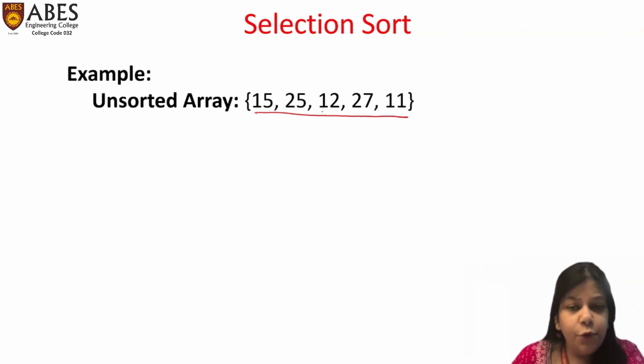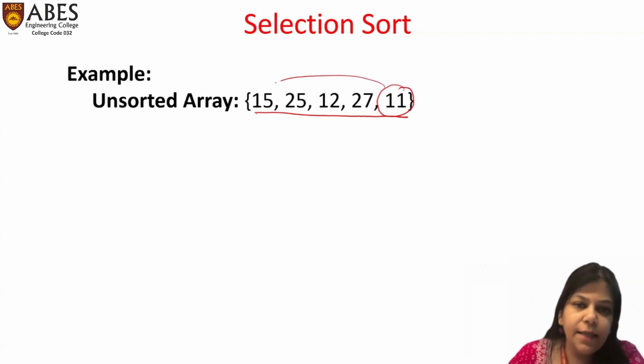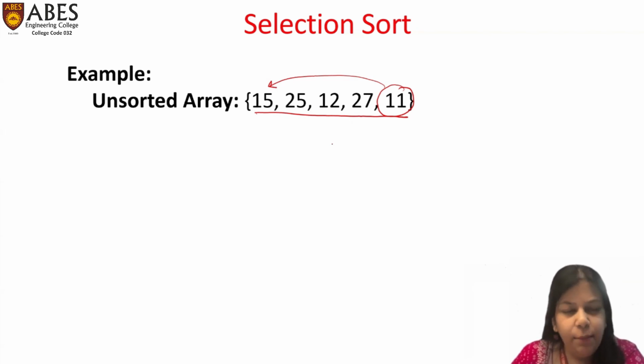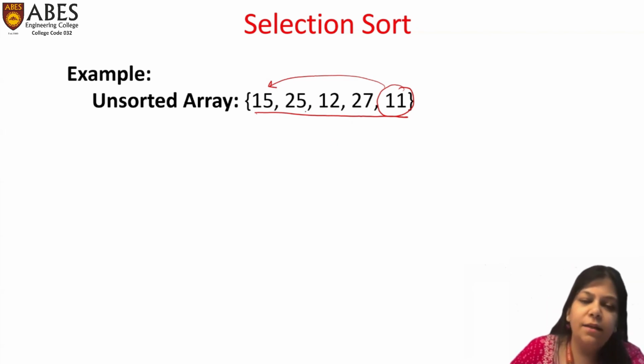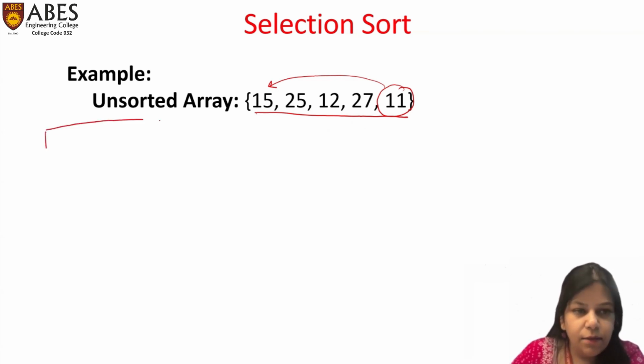What we have to do is select the minimum element and place it at its appropriate position. Again, in the unsorted array, we have to select the minimum element and place it at its appropriate position. Let us try to understand this.